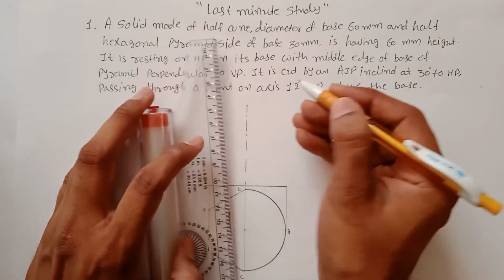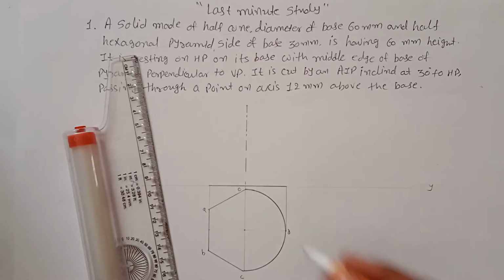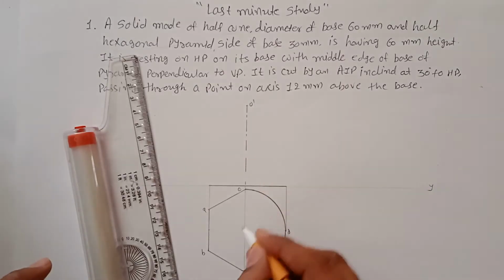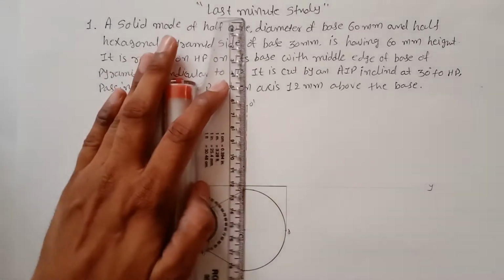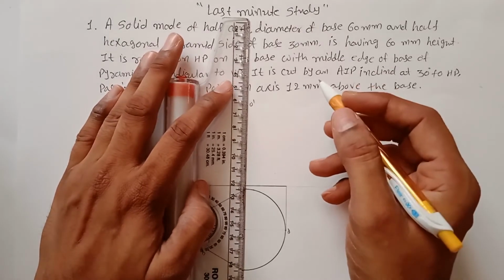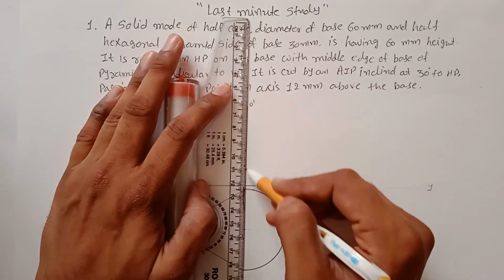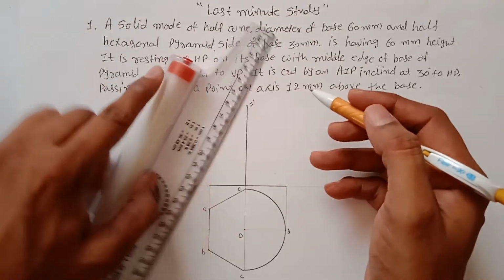So this point is your O dash point. Let's say this point is O. Actually this is the center line, but if you observe it from the front, you can see the edge, so it overlaps the edge. So the center line, which would be hidden, is converted into a solid line.